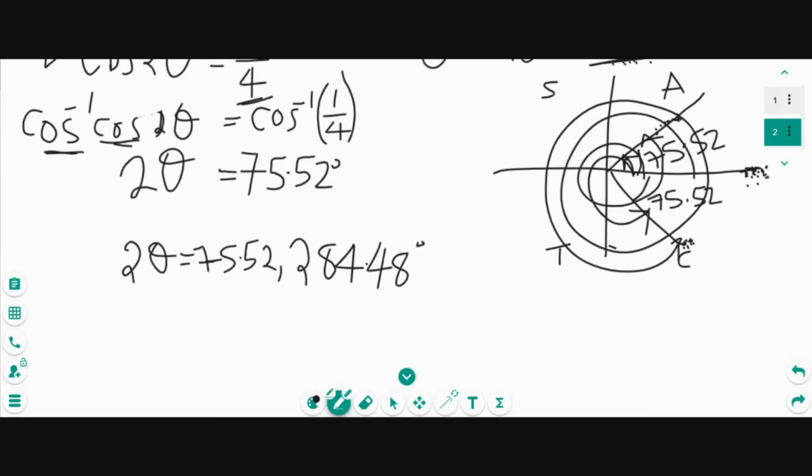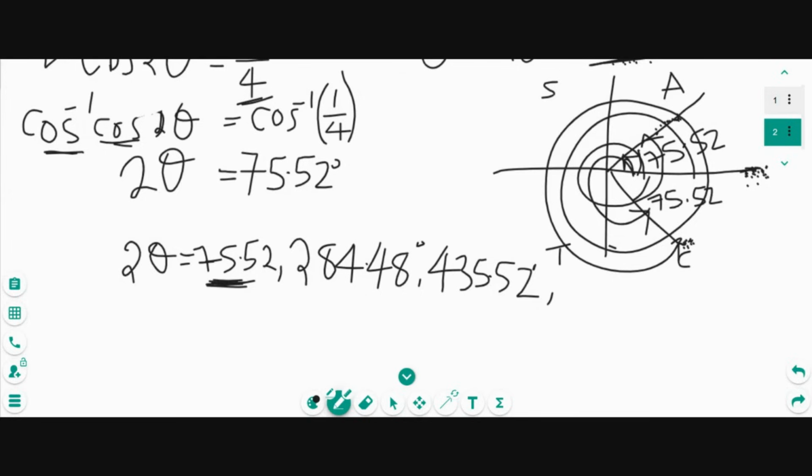But how to easily deal with that? Because now it's even becoming that here. Just get the two angles that you have, and you keep adding 360. So what I've done, I've just added 360 here.